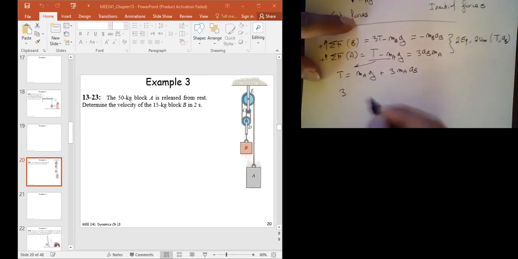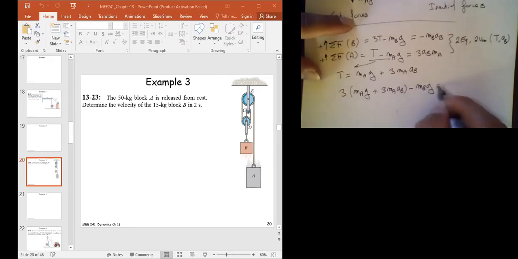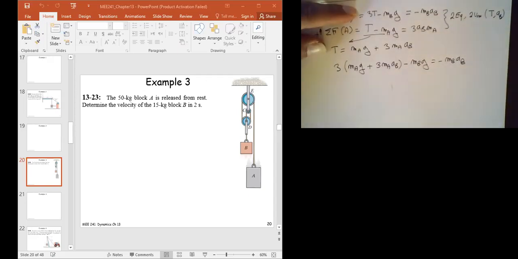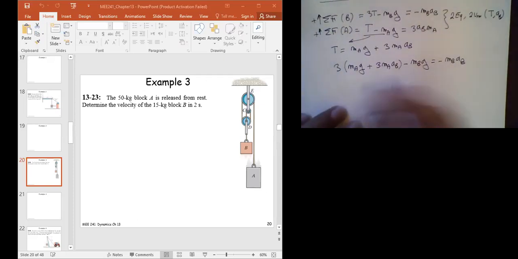So 3 times T, which is MAG plus 3 MA AB, minus MBG is equal to MB AB. How can I find AB here? I'm going to factor it out.